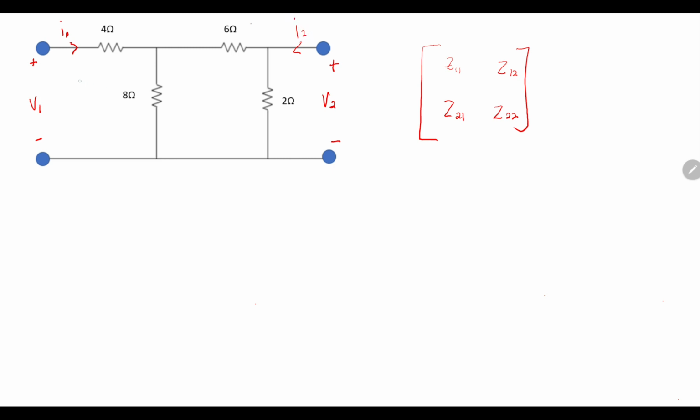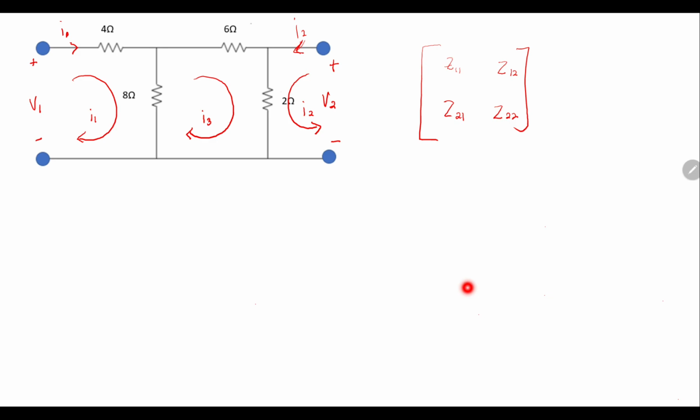So by using mesh analysis, we can label like this. This one is I1 going to loop 1. This one is I3. I'm going to use I3 because we already have I2 going this way, so I2 is in the opposite direction like that.